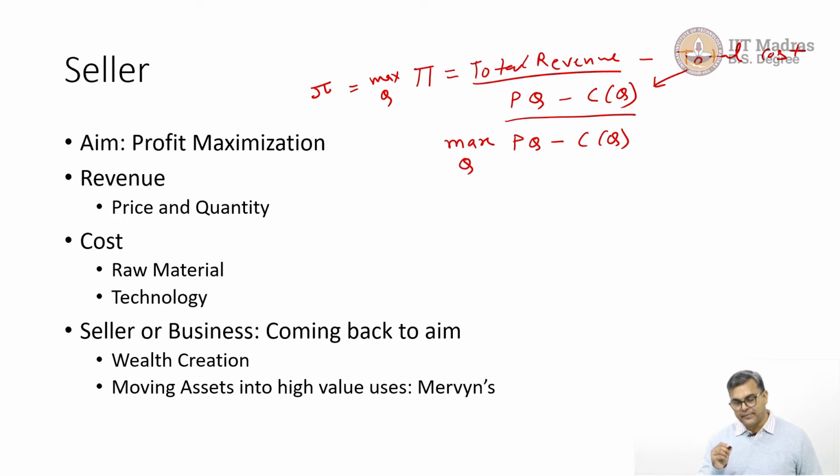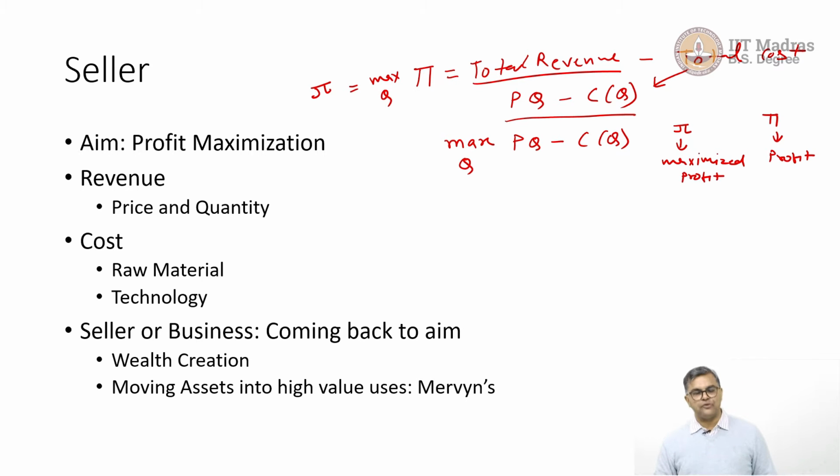Mind you, remember this, that a small pi indicates maximized profit, while capital pi indicates any profit. So, we can now simply say the aim of a firm is to obtain as much profit as possible, or in other words, the aim is profit maximization.